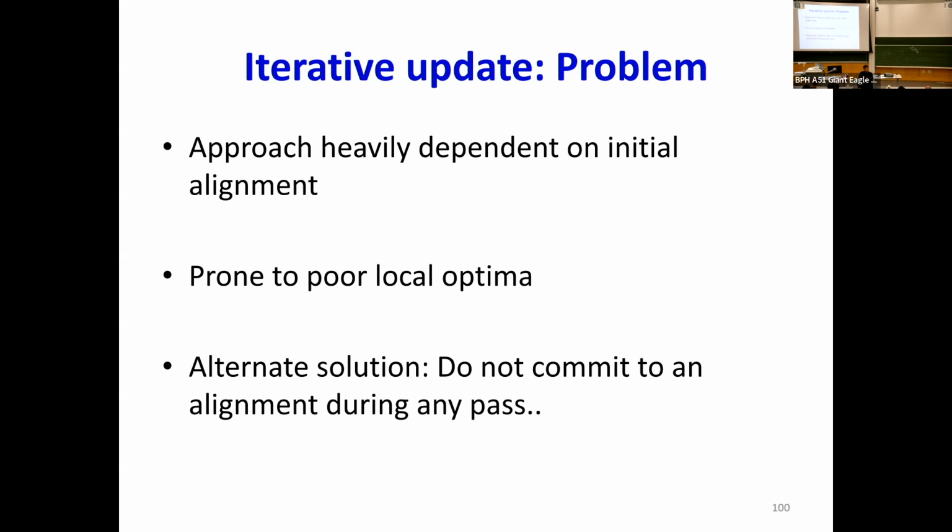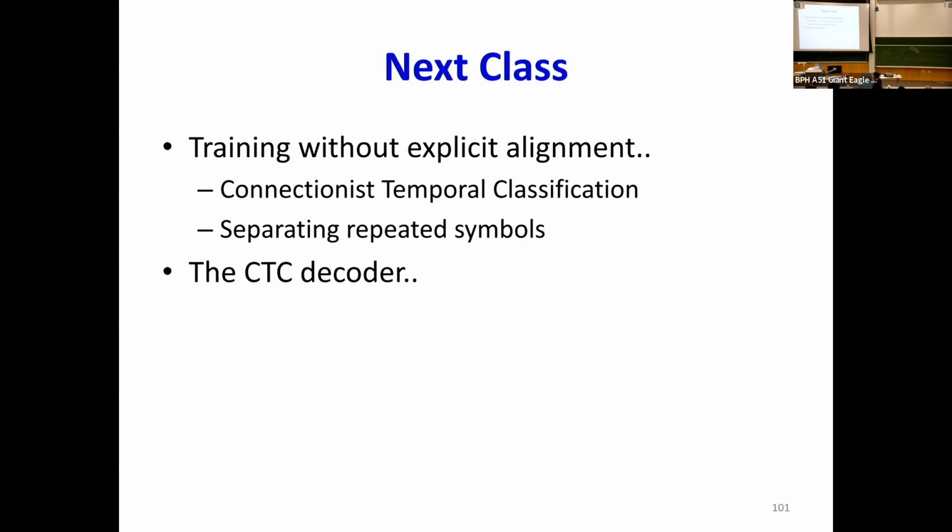Here's the alternate solution that we will discuss in the next class: how not to commit to an alignment. Training without explicit alignment, which is the original CTC framework. And also, how do we deal with repeated symbols? Any questions? Yes.